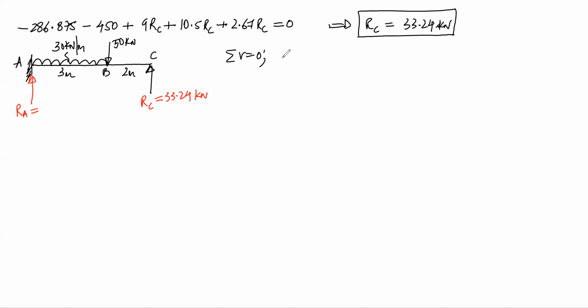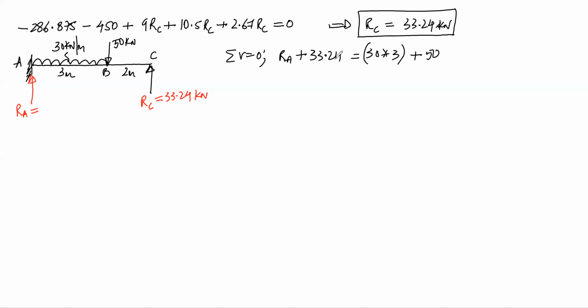So that will give us RA plus 33.24 is equal to 30 into 3 for the UDL plus 50 kilonewtons for the point load.